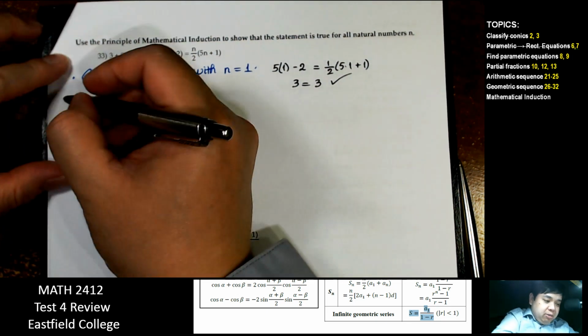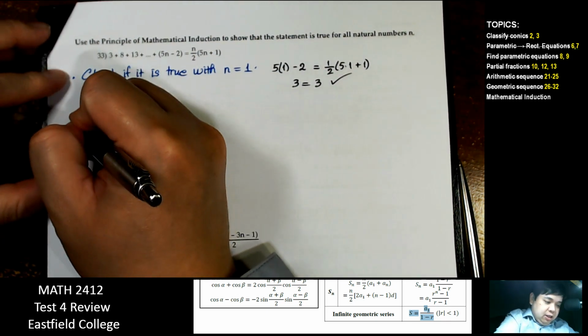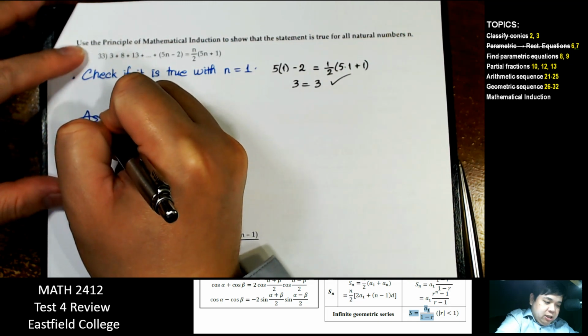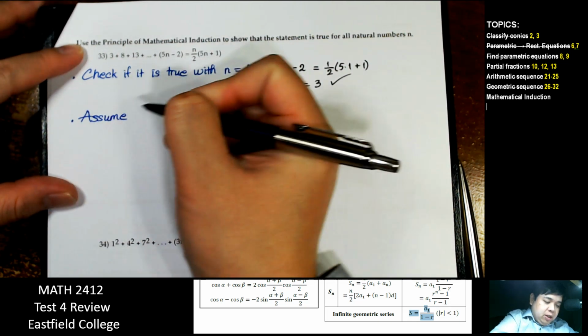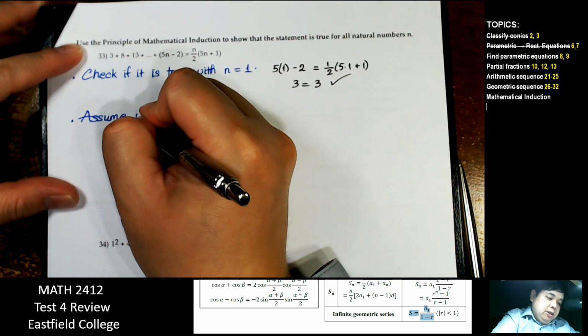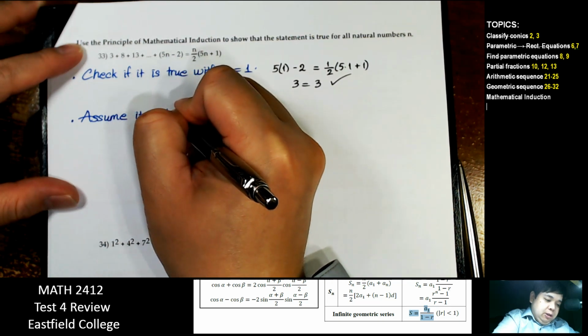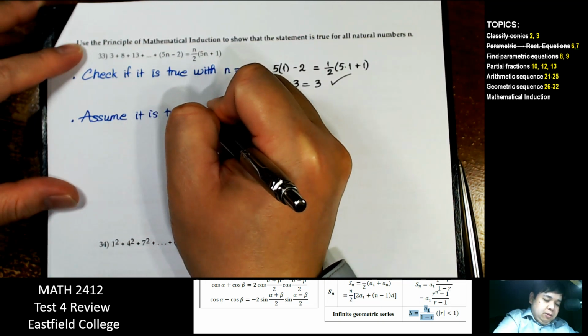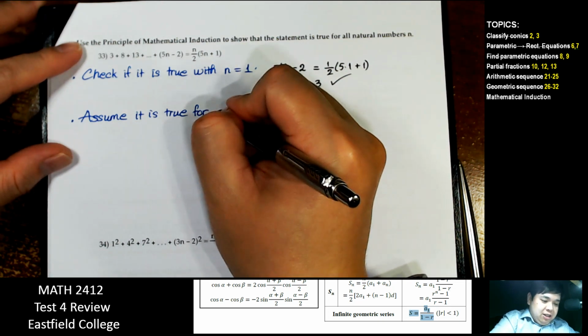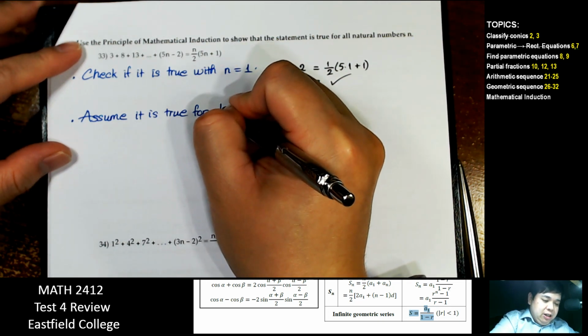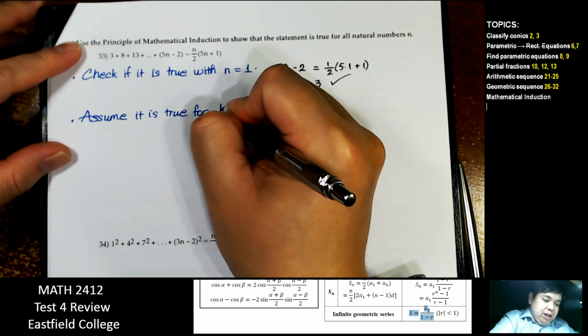Right. The next step, we assume that it is true for every n. I mean for k. For n equal to k, actually.